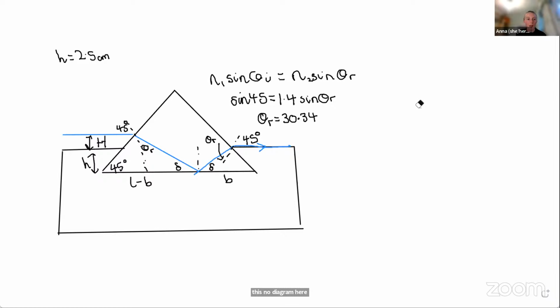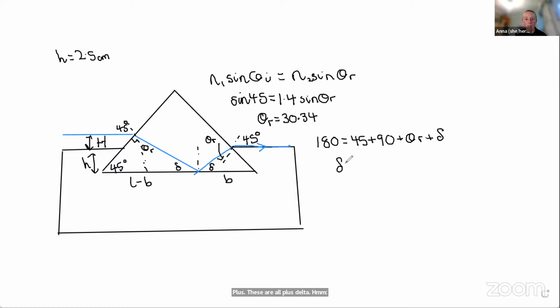So what do we need next? Next, let's find delta. So with this big triangle, we know that the normal is at 90 degrees to the surface. So we've got 180 degrees. The internal angle of the whole triangle is equal to 45 plus 90 plus theta r plus delta.